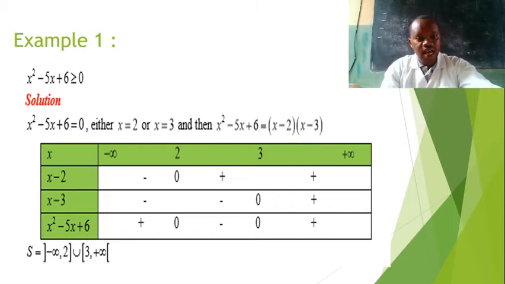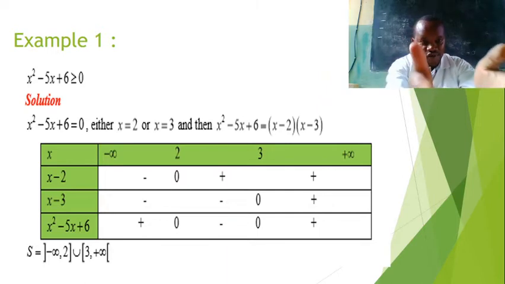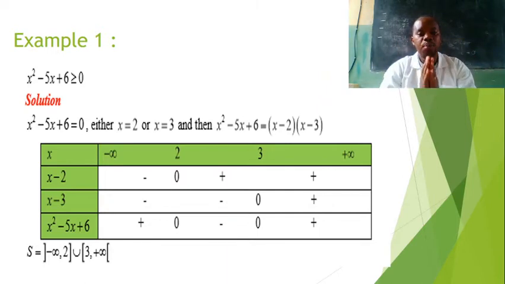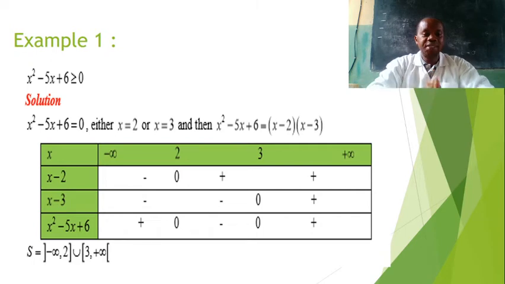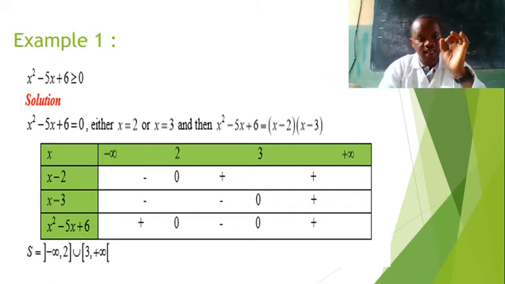For x minus 2, in the interval from minus infinity up to positive 2, we are going to choose any number in that interval. Then we replace that value in x minus 2.